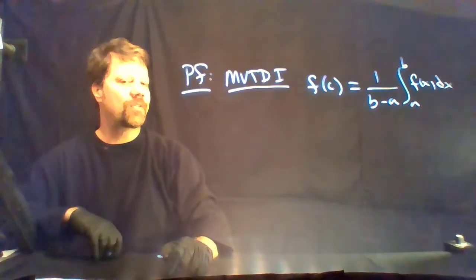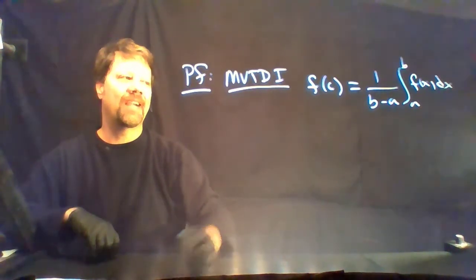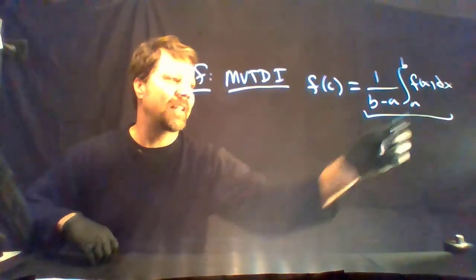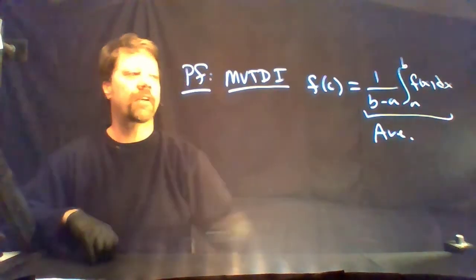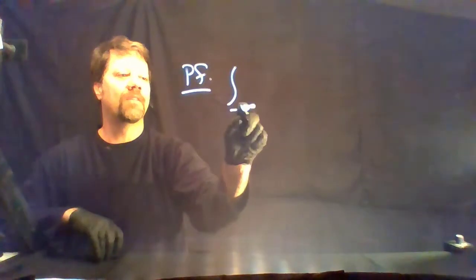Continuous functions on closed and bounded intervals attain their average. This is how you calculate the average height of a function. With this in mind, we'll proceed with the integral.